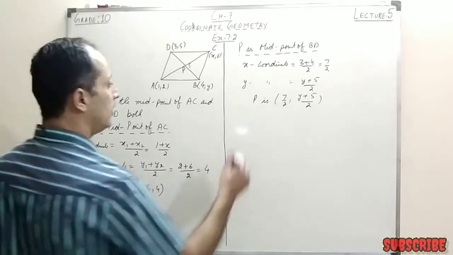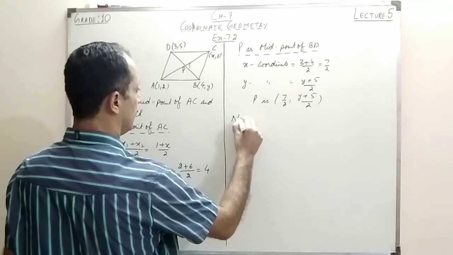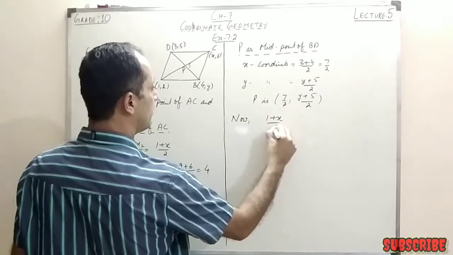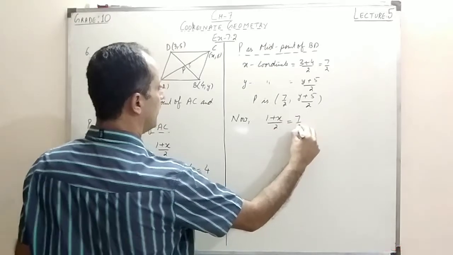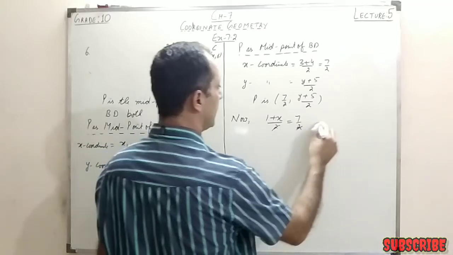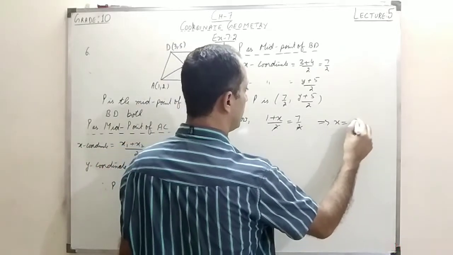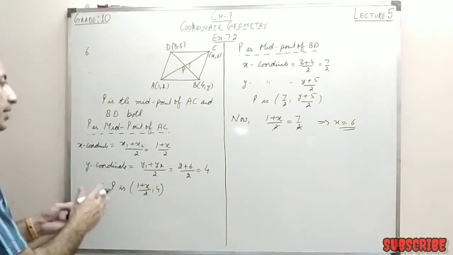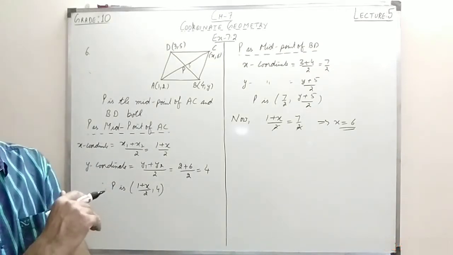So what we can do now is write 1 plus x by 2 equal to 7 by 2. This 2 cancels and we get x equals 6. Since it is one point only, obviously the coordinates would be the same.